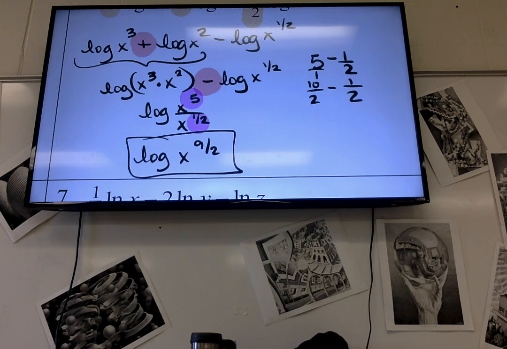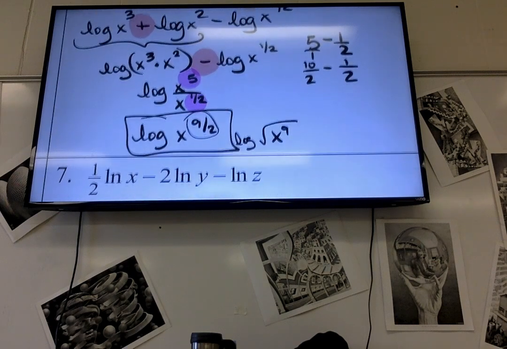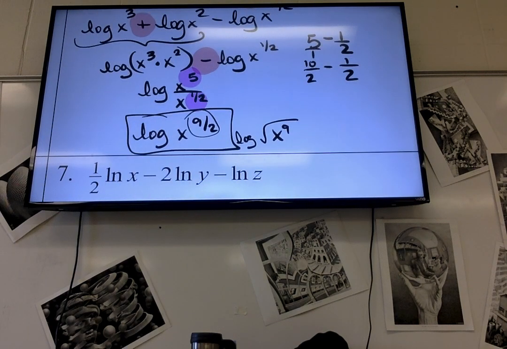Would you rather have that, or would you rather have x to the 5th over the square root of x? That would work, but you'd have to simplify it into one. You could write it like this, the square root of x to the 9th. Why do you have to put it like that if it's similar? Just like if this was on a test and I asked you to simplify, you would have to put those together.